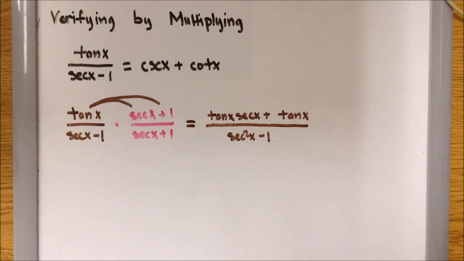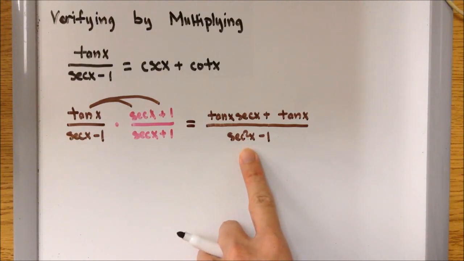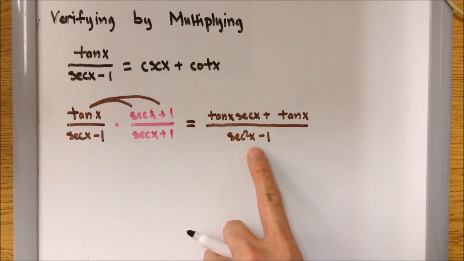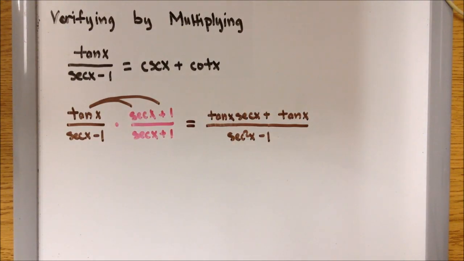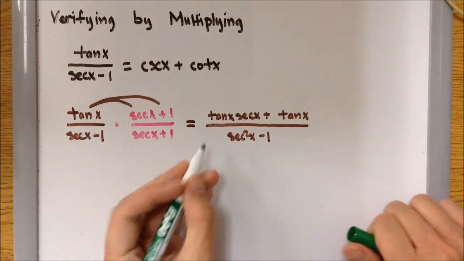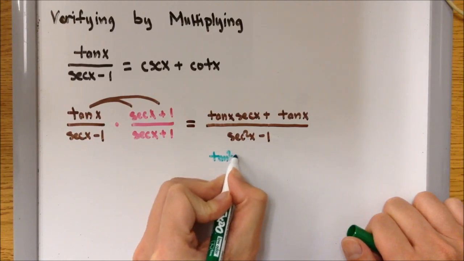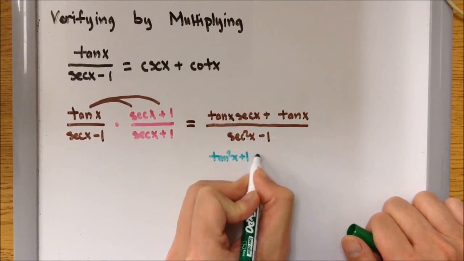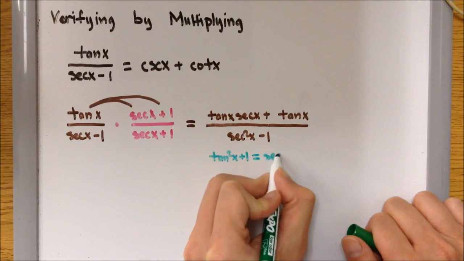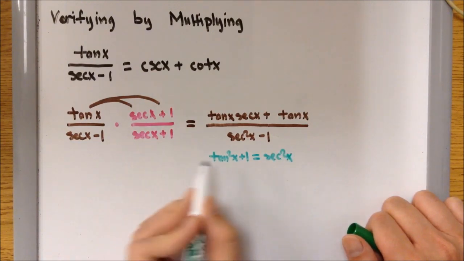Alright, next, we can apply the Pythagorean identity here to secant square x minus 1. If we refer back to the Pythagorean identity, it was tangent square x plus 1 equals secant square x.